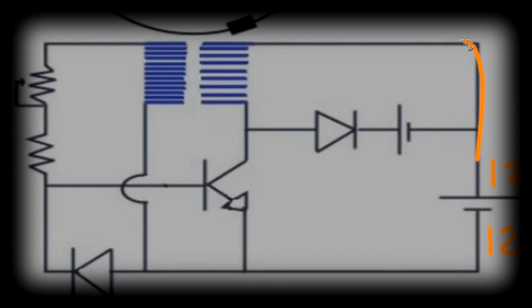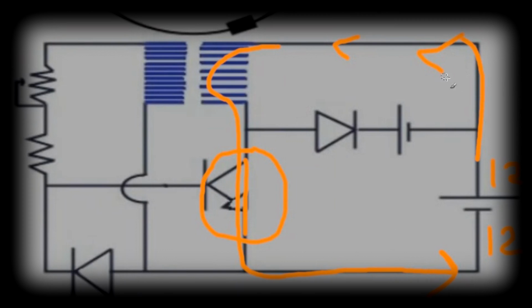And when this transistor is triggered and closed, 12 volts will go through the drive coil, to ground, and charge up in that bias.